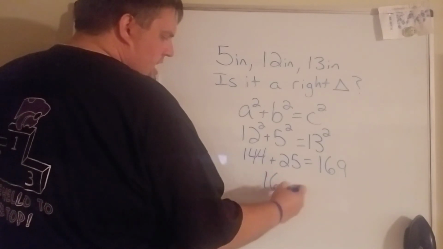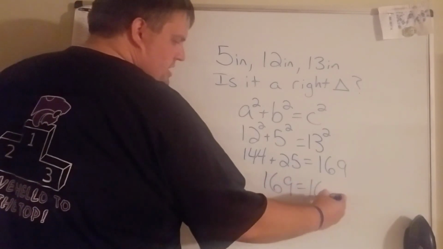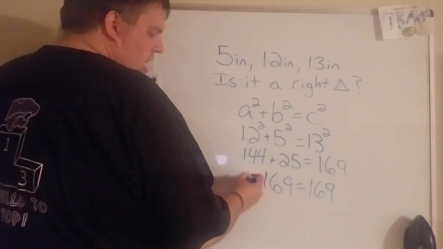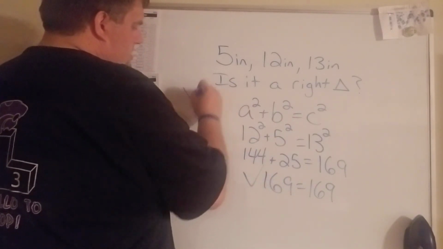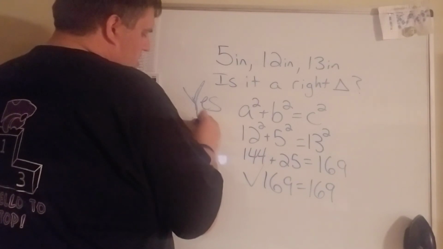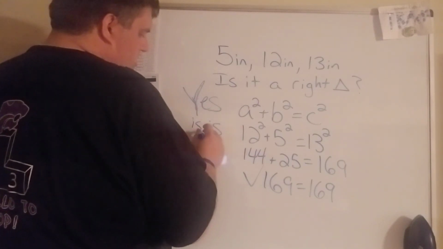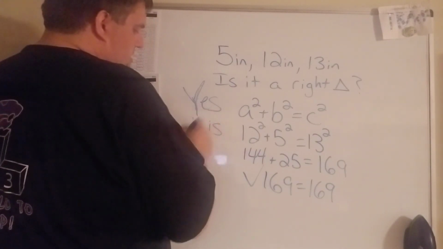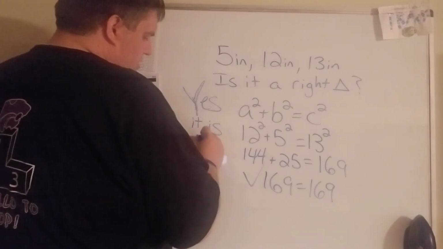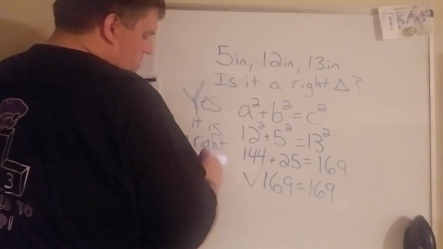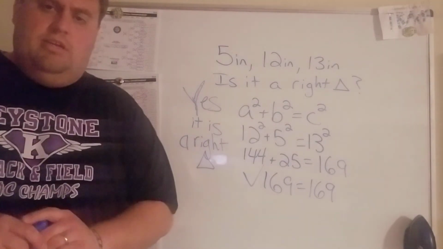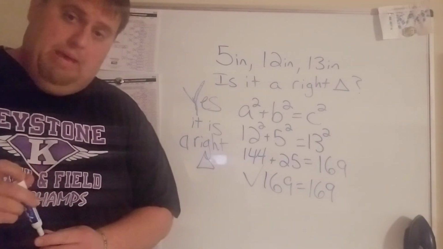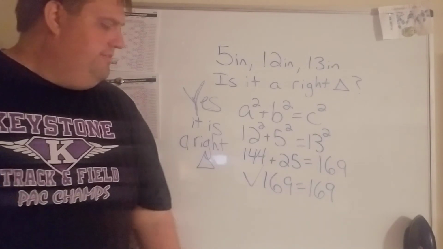We get 169 equals 169. And don't you know? Yes, it is a right triangle. Since we got the same thing on both sides, we can go ahead and say, yep, you bet it is a right triangle.